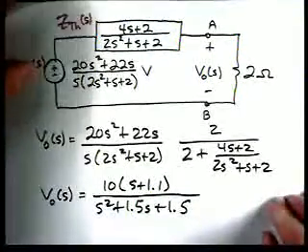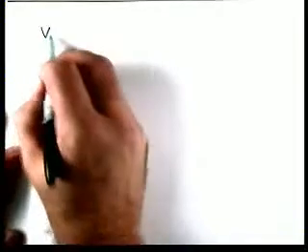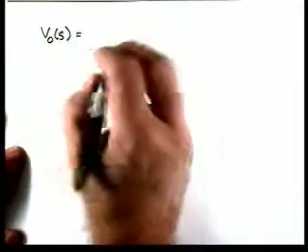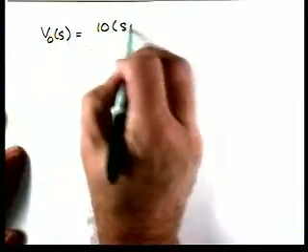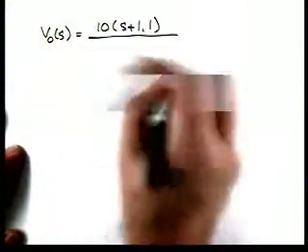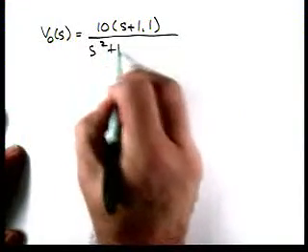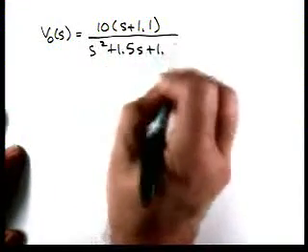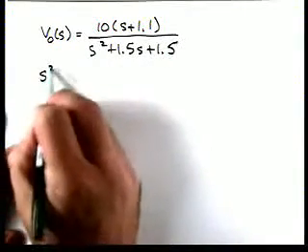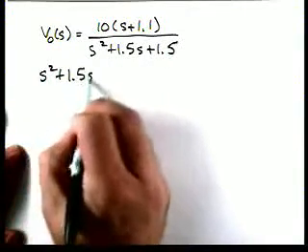Now we need to perform step 4, which is the inverse transform. So V0 of S is 10 times S plus 1.1 over S squared plus 1.5S plus 1.5. We need to find the roots of our denominator polynomial.